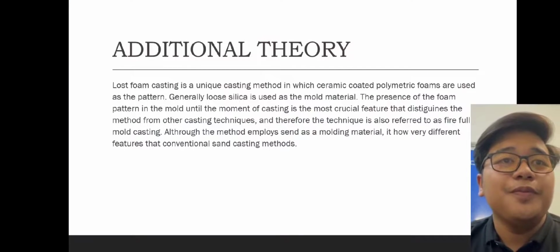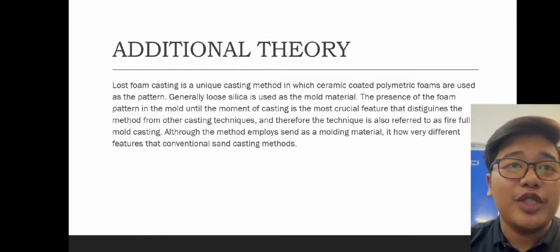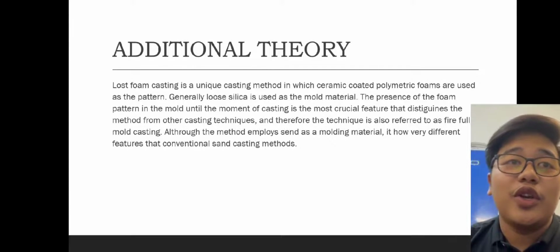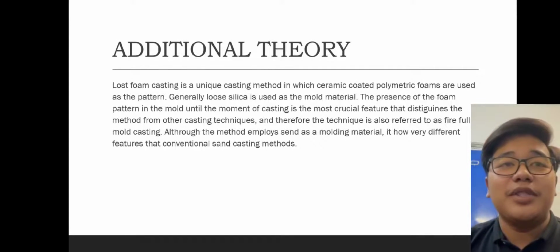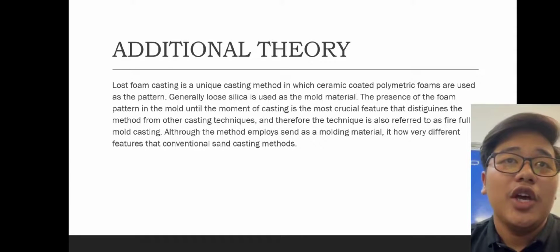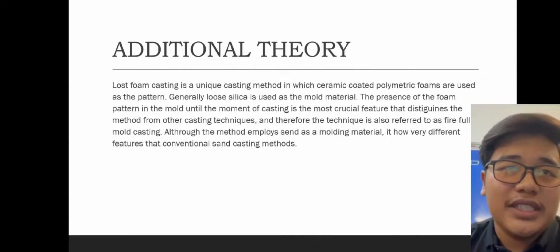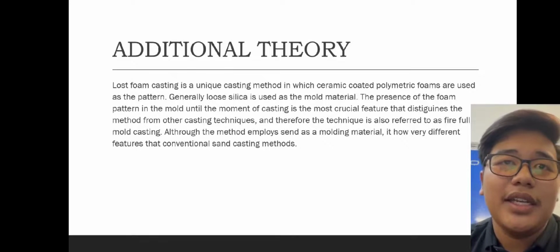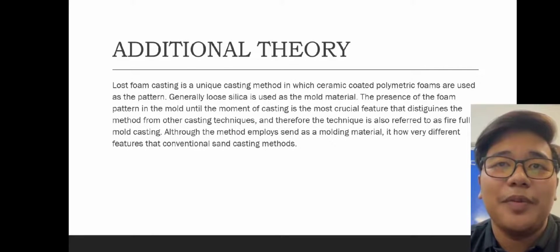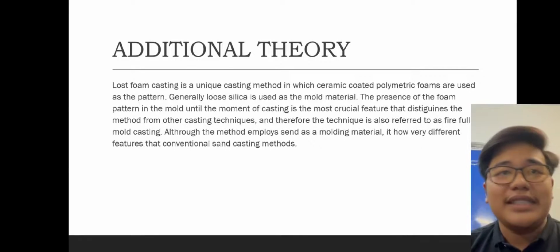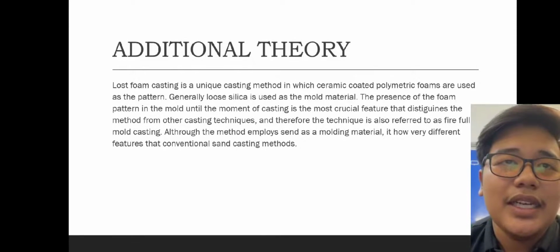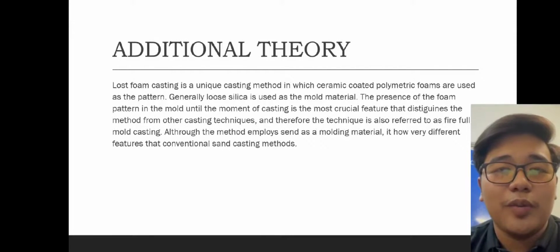My name is Muhammad Ani Afkar bin Yusran. Next, I would like to continue our presentation by presenting about the additional theory of foam casting. Lost foam casting is a unique casting method in which ceramic coated polymeric foams are used as the pattern. Generally, loose silica is used as the mold material.